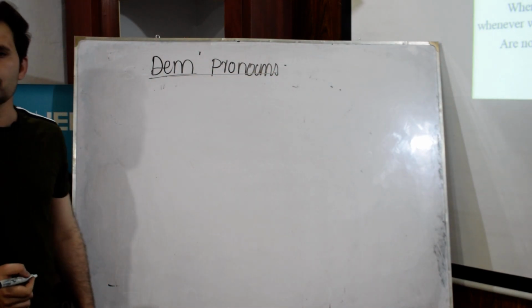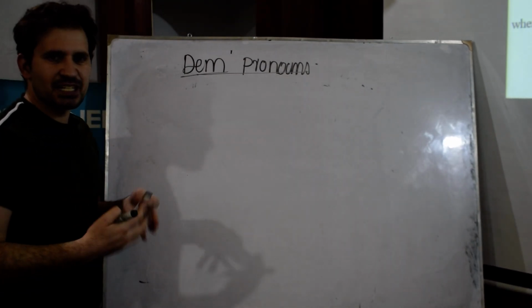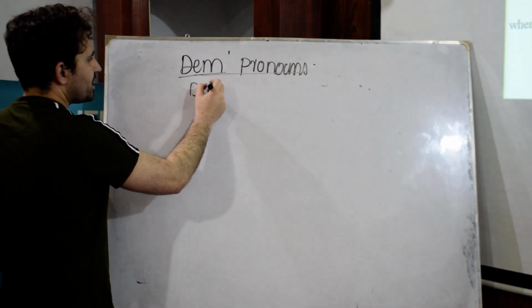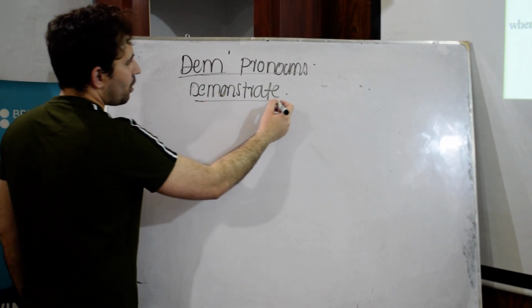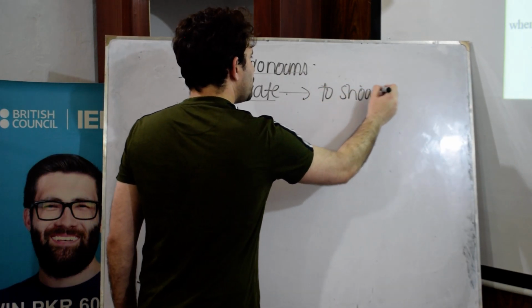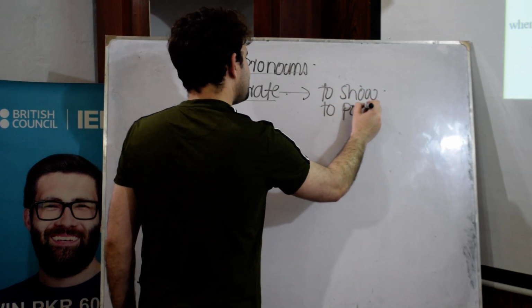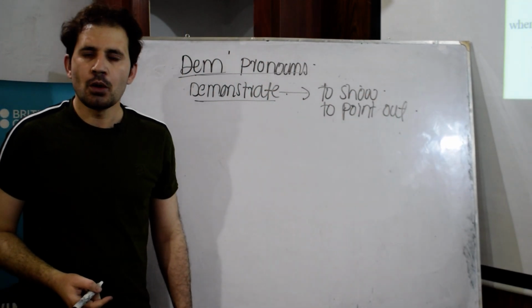We'll be talking about 4 different types of demonstrative pronouns. Before coming towards demonstrative pronouns, let me talk about demonstrate. Demonstrate is a verb form, and the word demonstrate means to show, or to point out.